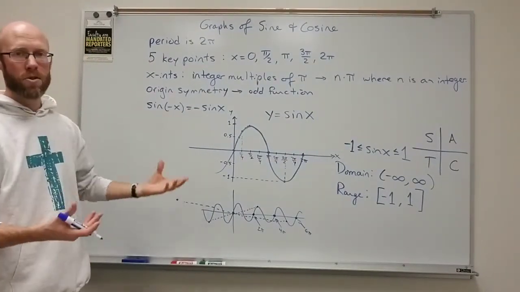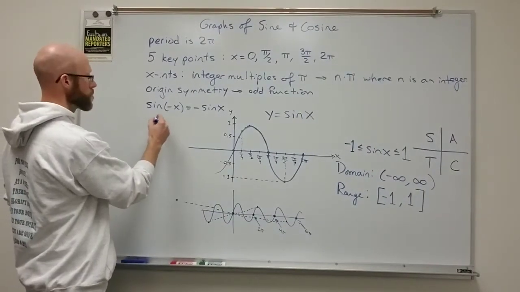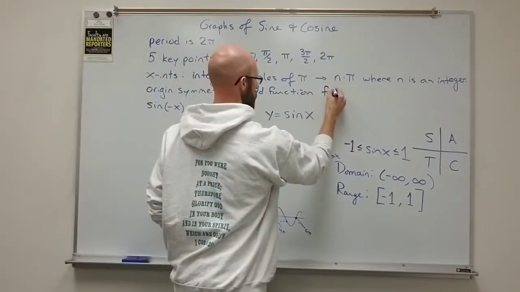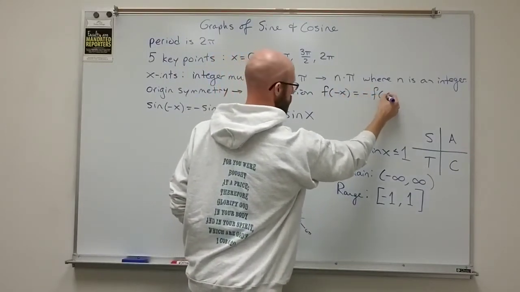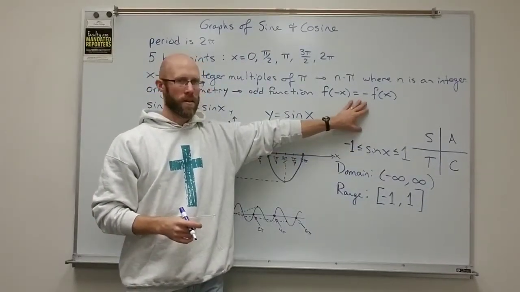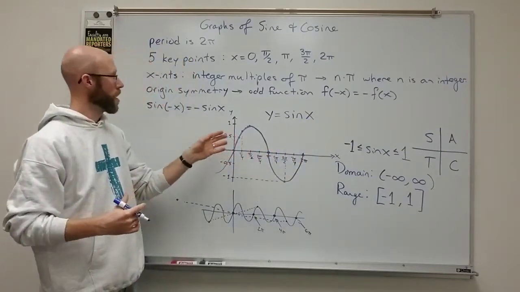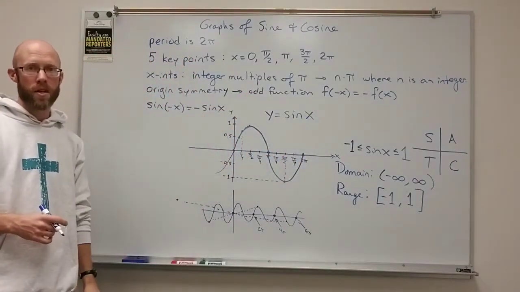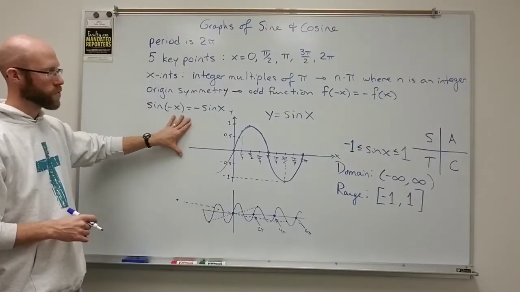In a more general sense, as function notation, all odd functions could be represented as f of negative x equals negative f of x. That's a longer discussion that you might have in, say, a college algebra course on all general functions that have origin symmetry. Anyway, that's going to be the case.